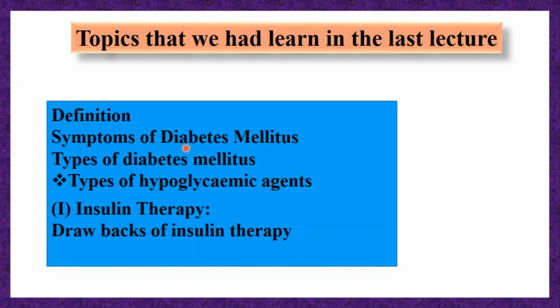The second symptom is the loss of water from the body, which leads to an increase in thirst, that is called polydipsia. Then as the blood glucose level exceeds its renal threshold, glucose appears in urine, that is called glucosuria. Then ketone bodies appear in the blood and urine, that is called ketonemia and ketonuria.